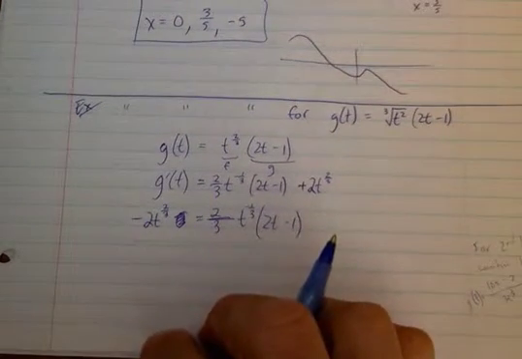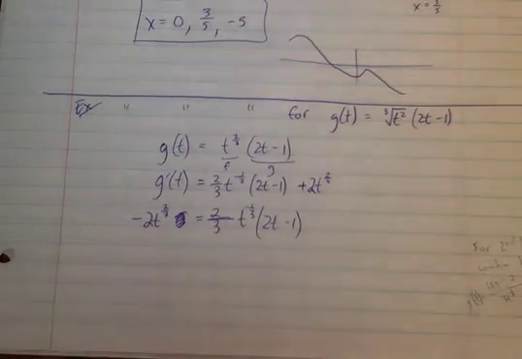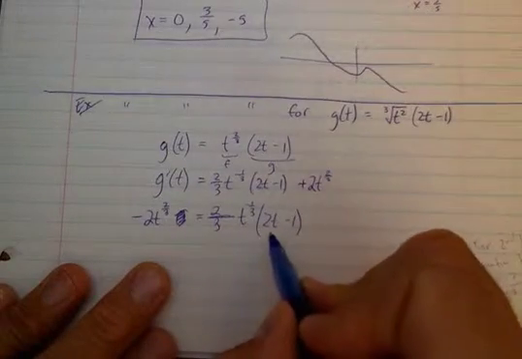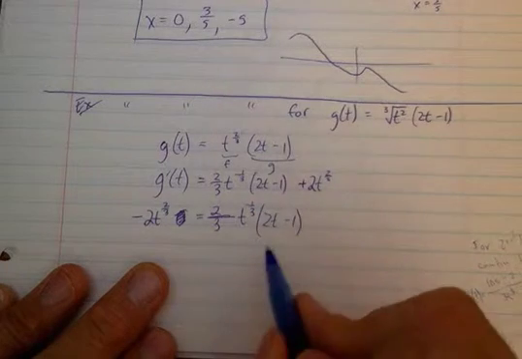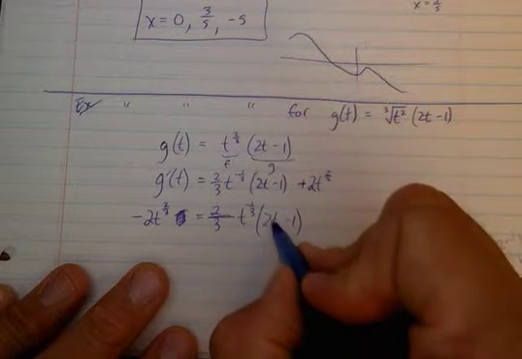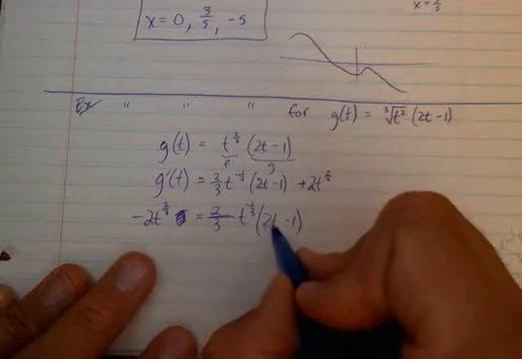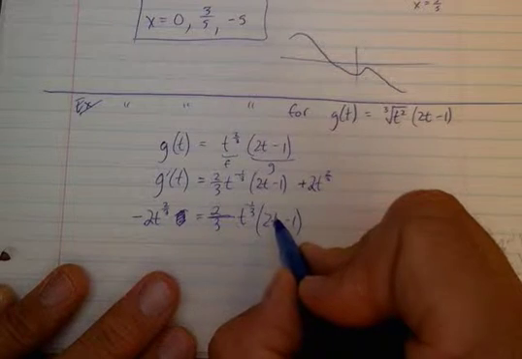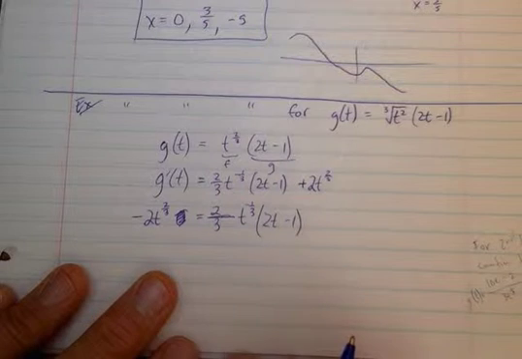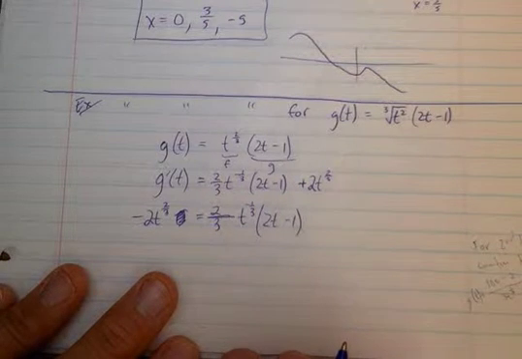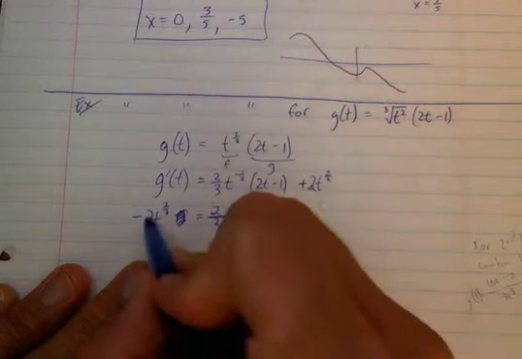Let's see what we can do with this. We've got minus 1 is a multiple. So if that became 0, now I see what to do.